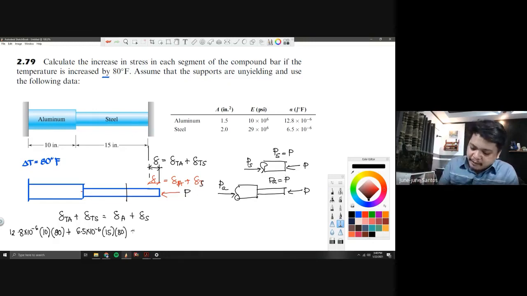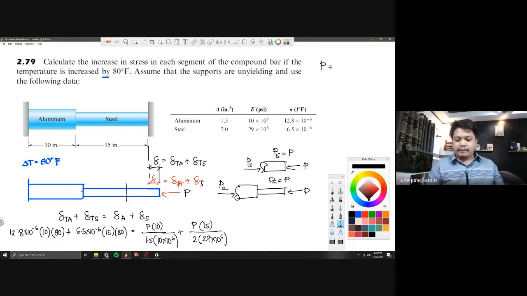So I will just use P. So P, the L of aluminum, over the A of aluminum, the E of aluminum, okay? Plus, for the steel, the L of steel, 15, the A of steel, 2, the E of steel is 29 times 10 to the 6. Okay? With this, I can now have the value of P.